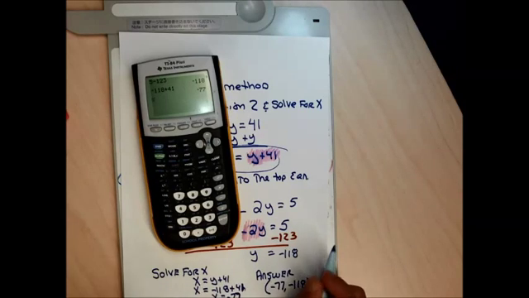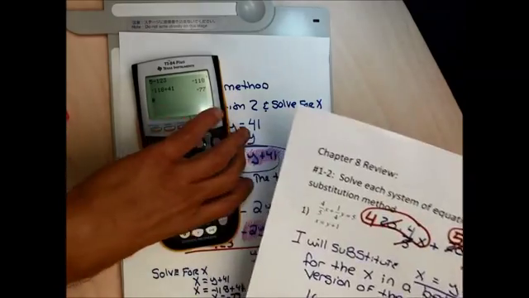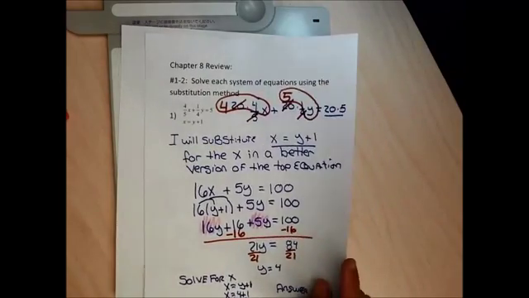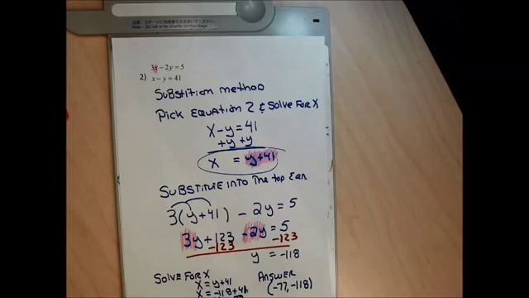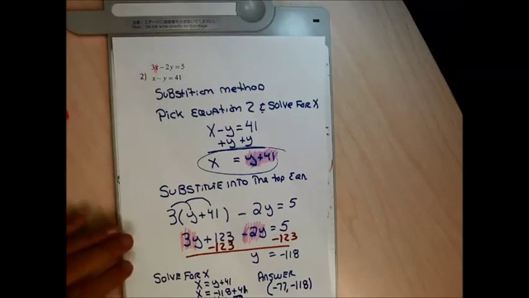It's nice to check. In the first problem, when I went to check, it wasn't set up for elimination method, which means it really wasn't set up to check using matrices. Problem 2 is set up so perfectly, I'm going to check it with matrices.